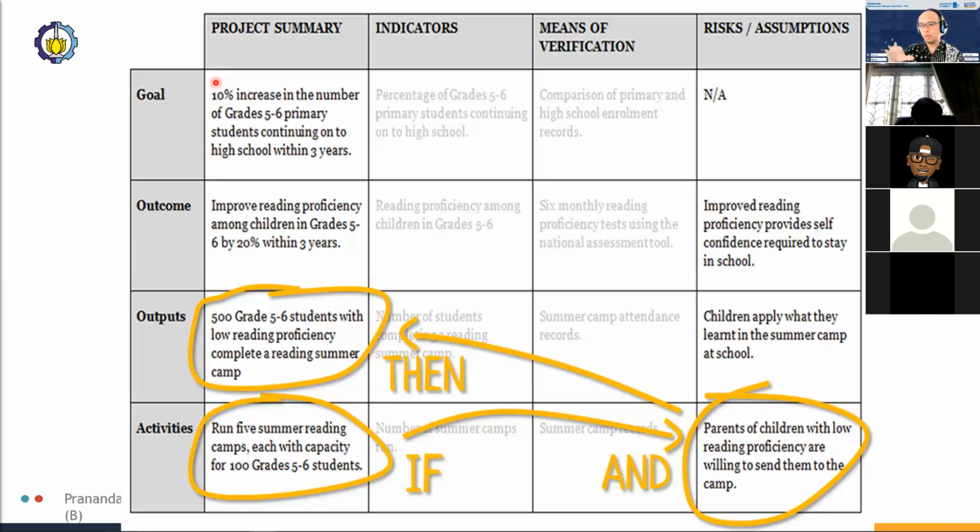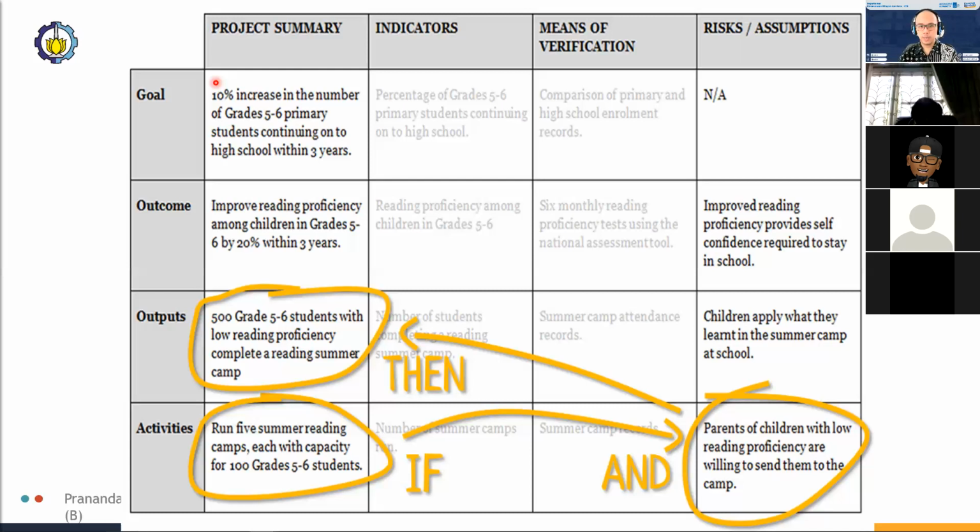So the context of the case study on this slide is that the community is facing a decline in the number of primary school or elementary school students who continue on to high school, and they identified that one of the reasons these kids don't continue to high school is that they have low reading proficiency. They can't read very well.